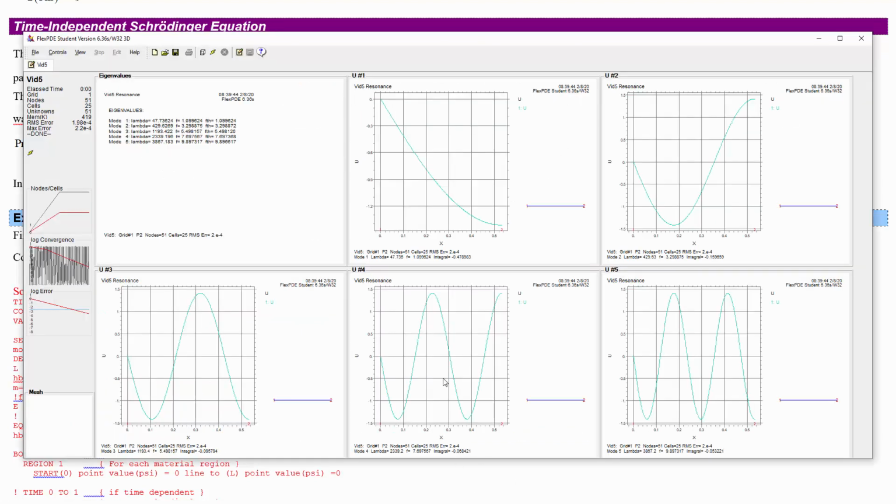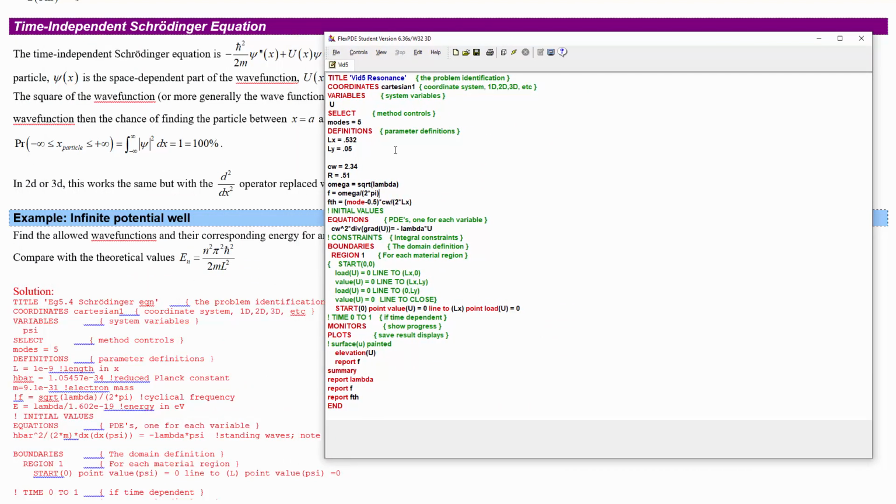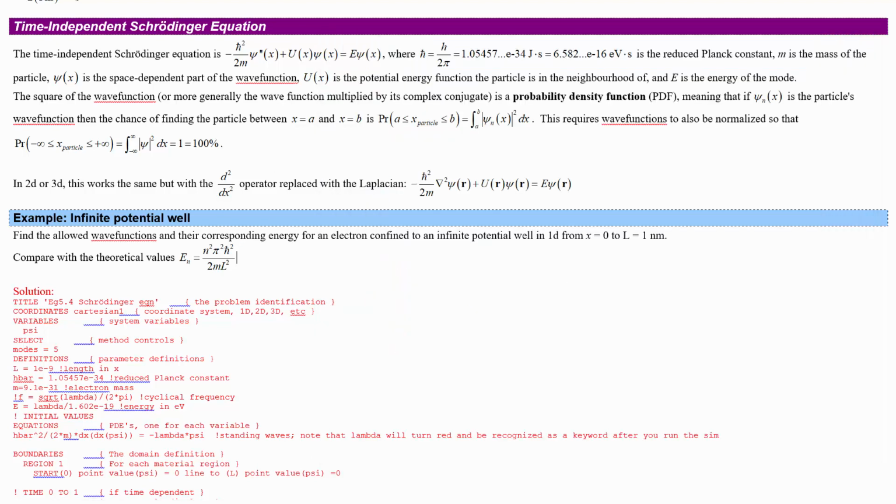Okay, so let's modify this code that we had before when we were dealing with strings and make it deal with wave functions. So rather than u, the dependent variable, I should say, is psi. And yeah, let's find 5 modes, sure. We only have one L, and we're going to say that it is 1 nanometer.